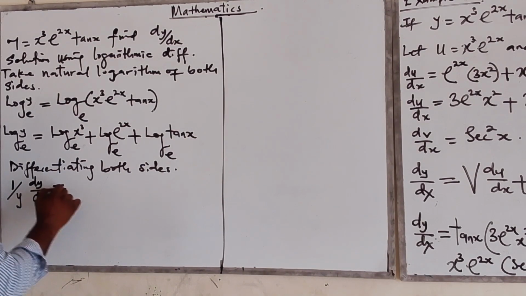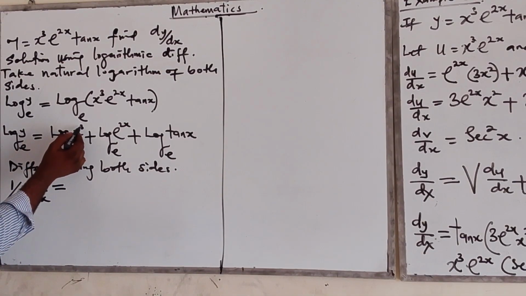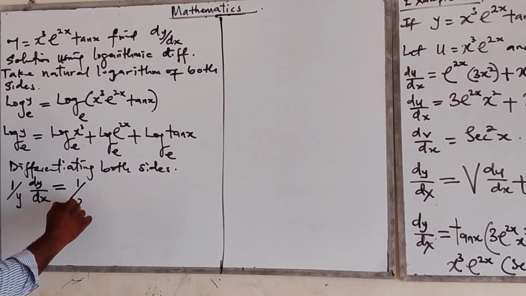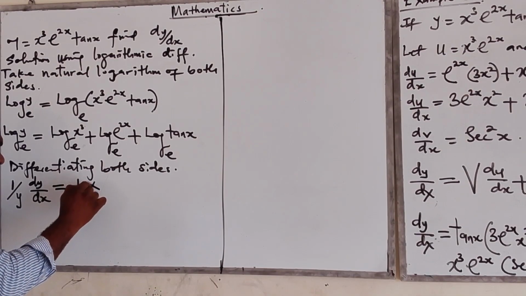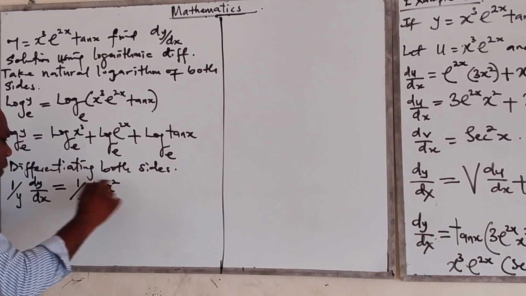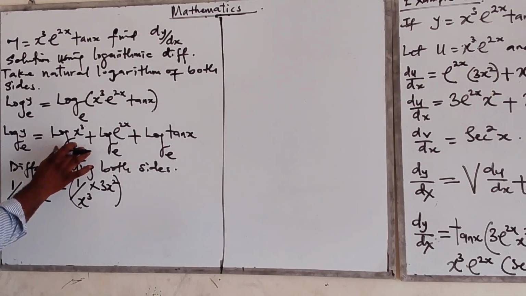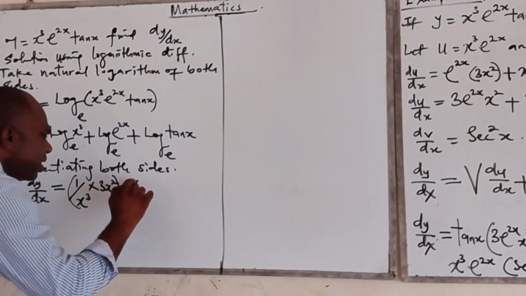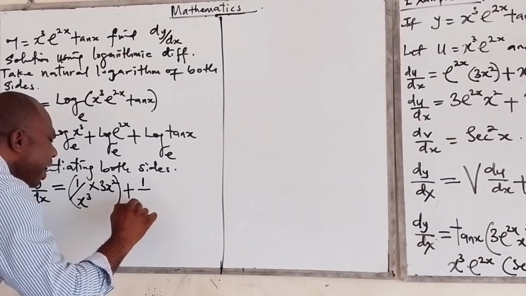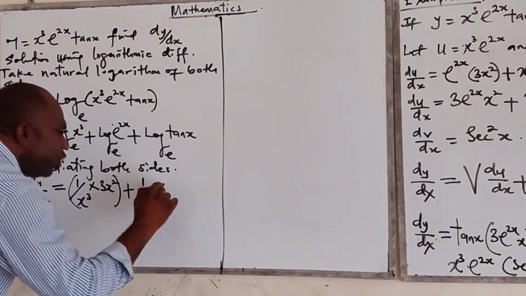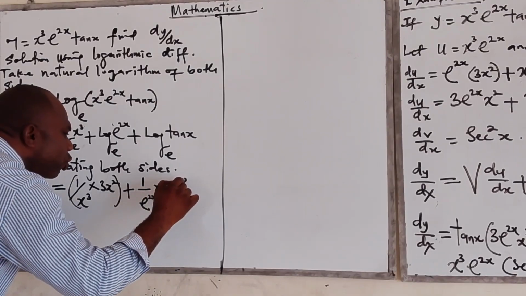Now it's equal to, when you differentiate ln of x raised to the power of 3, it gives 1 all over x raised to the power of 3 times the derivative of this function, which is 3x squared. Then plus the same thing, when you differentiate ln e raised to the power of 2x, it gives 1 all over e raised to the power of 2x times the derivative of this function, which is 2e raised to the power of 2x.